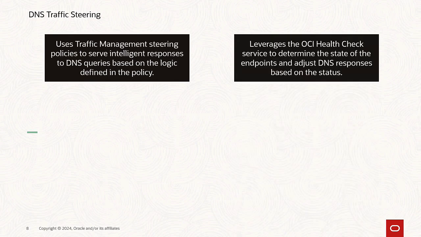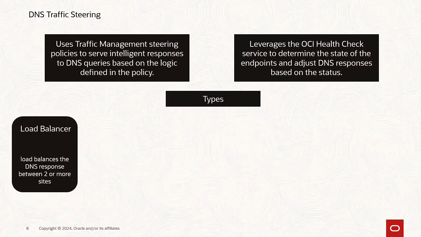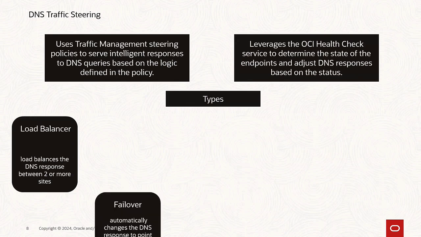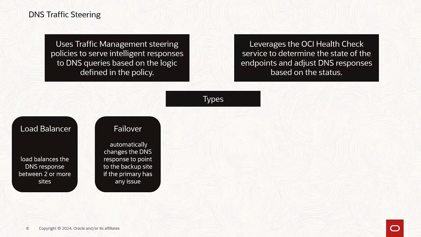And it's fully integrated with OCI's health check service, which will determine the state of the endpoints and adjust the DNS resolution according to that. There are 5 types. Let's look at each of them. So we have the load balancer one. The load balancer, as the name says, will load balance the DNS answer over multiple sites. We have the failover, where you have a primary site and a secondary site, and we'll see that a little later on a diagram.